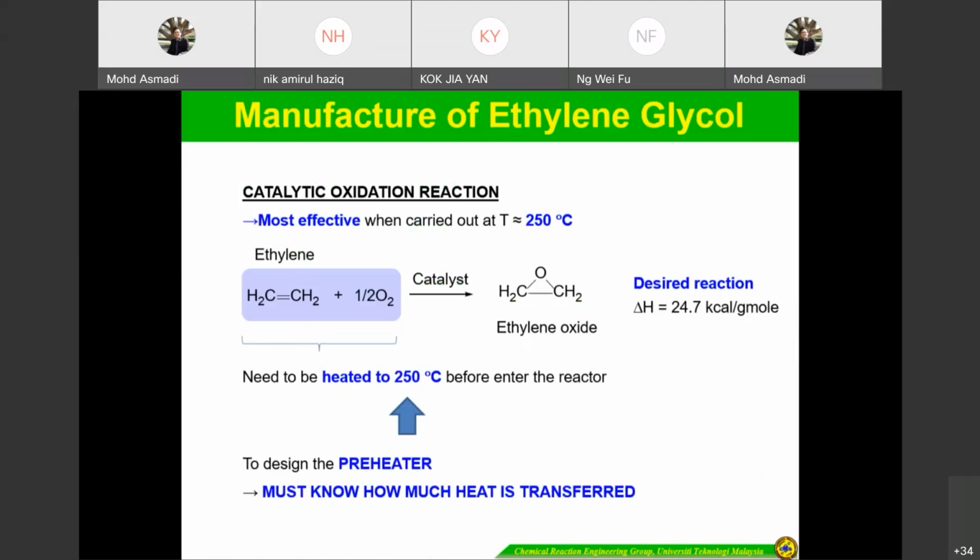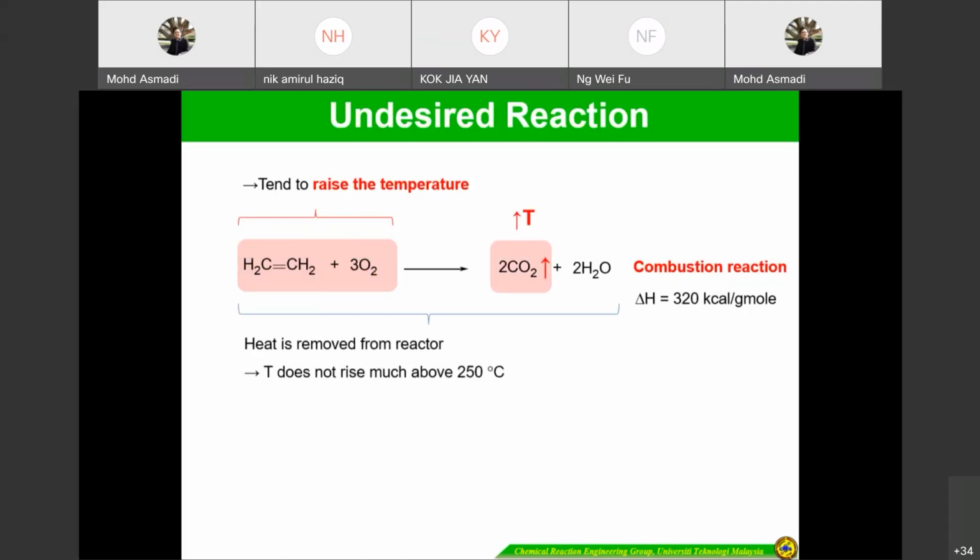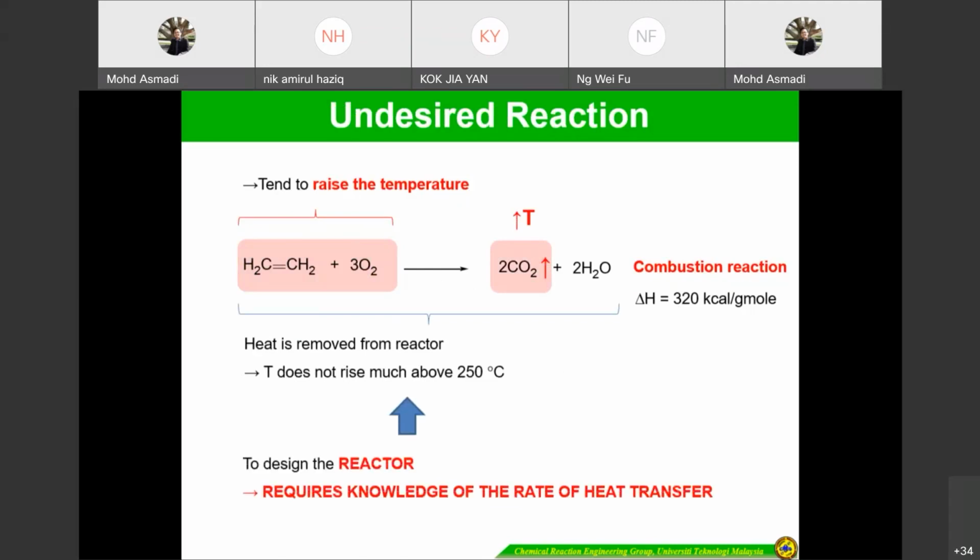If you look here, the change in enthalpy is only 24.7 kilocalories per gram mole. If we increase the temperature further, you can see CO2 actually increases. This knowledge of thermodynamics is important. You cannot increase your temperature further because your byproduct will increase. So heat is removed from the reactor, and the temperature does not rise much above 250. So we have to find the optimum condition.